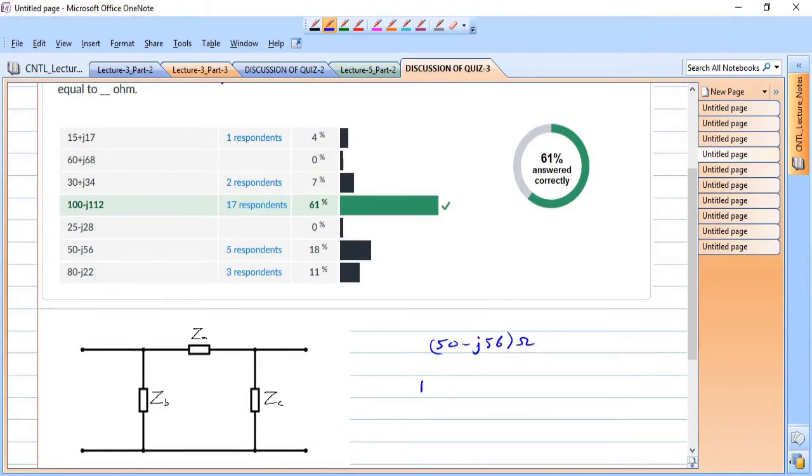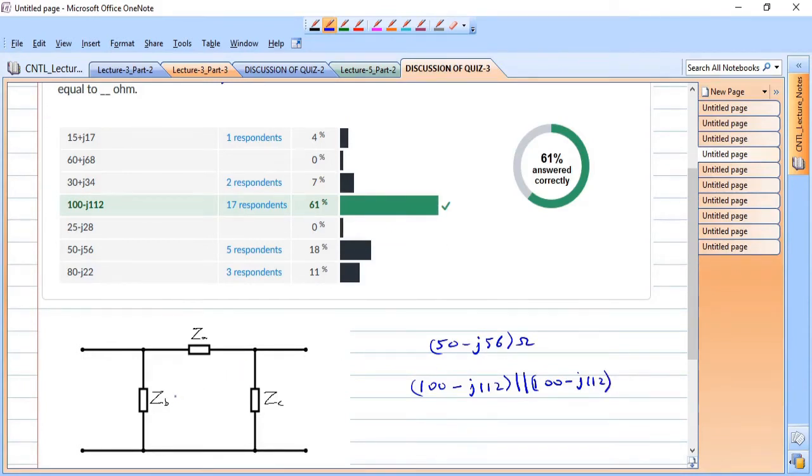So it is twice of 50 minus J56, it will be 100 minus J112, right? Okay, so when two of such elements come in parallel, we will have 100 minus J112 in parallel, so it will be 50 minus J56.